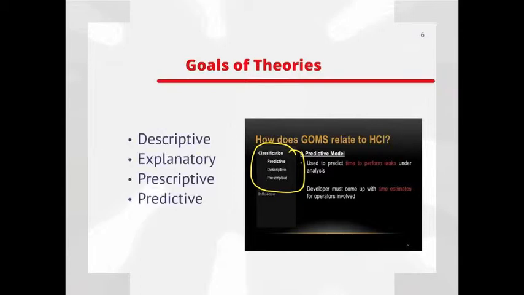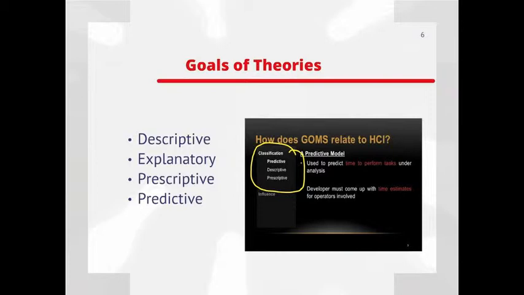Descriptive, meaning can we understand and characterize what the phenomenon are when we observe people interacting with computer systems. Explanatory, that tells us why certain phenomenon exist. Prescriptive, telling us how we might go about designing a computer system to optimally cater for human capabilities.